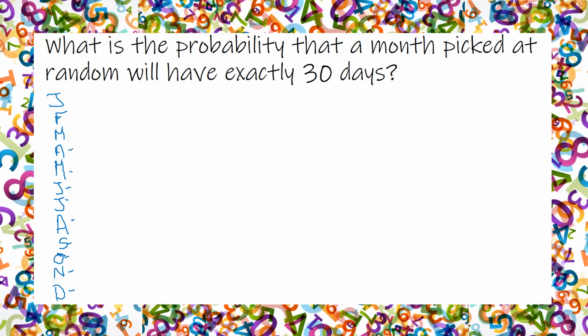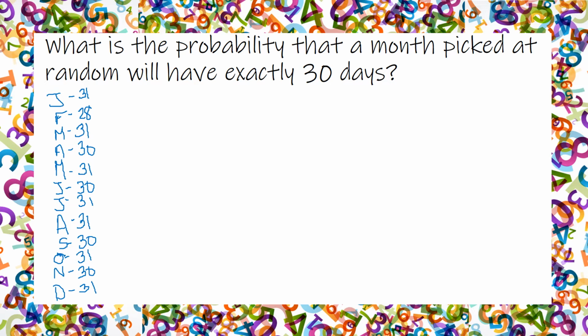Well, if I go through and write how many days they have, I know January has 31, February has 28, March has 31, April has 30, May has 31, June has 30, July has 31, August has 31, September has 30, October has 31, November has 30, and December has 31. That's the hardest part of this whole thing, is just writing those out.